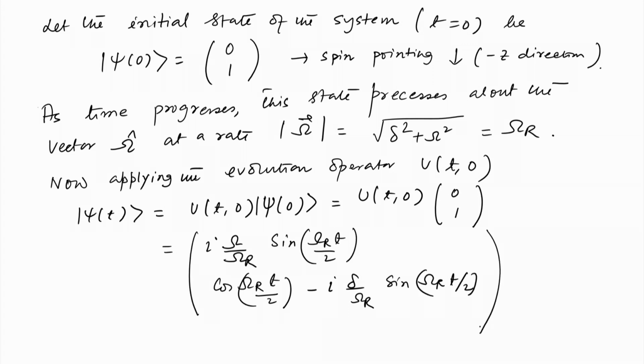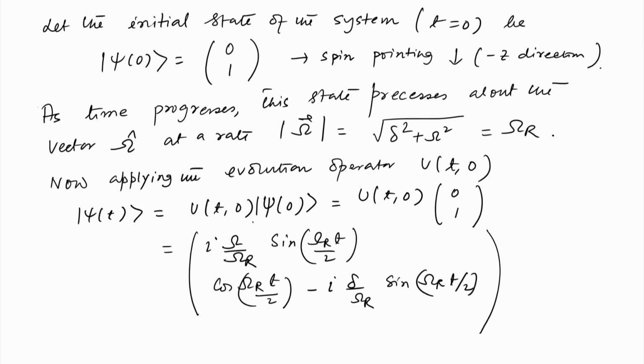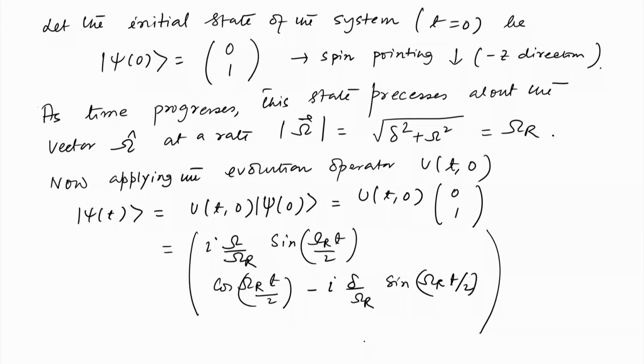So, that is the spinner at a general time t that happens to this spinner (0, 1). So, if we start from a spinner (0, 1), this is what we are going to get by applying this U(t, 0), which has been written here.